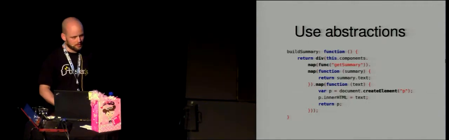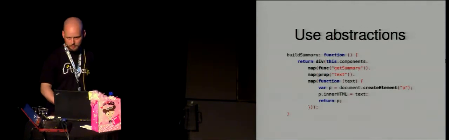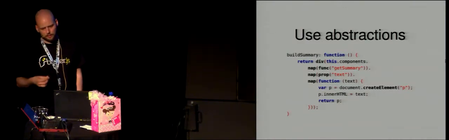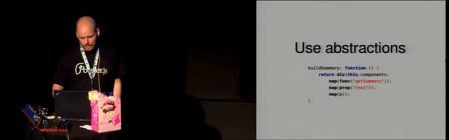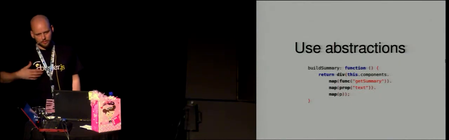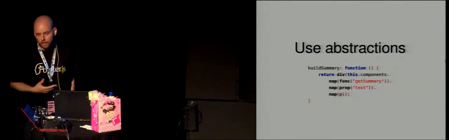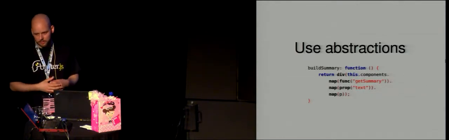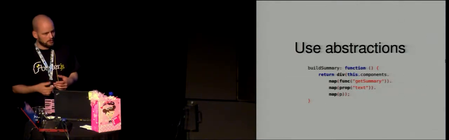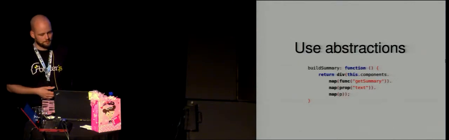The next one gets a property. I can use the prop abstraction. And the last one creates an element and puts some text inside it. I can use the element builder DSL abstraction. Now, this is a lot nicer. At least it's very expressive. It's easy to read. It's fairly easy to get what's going on here.